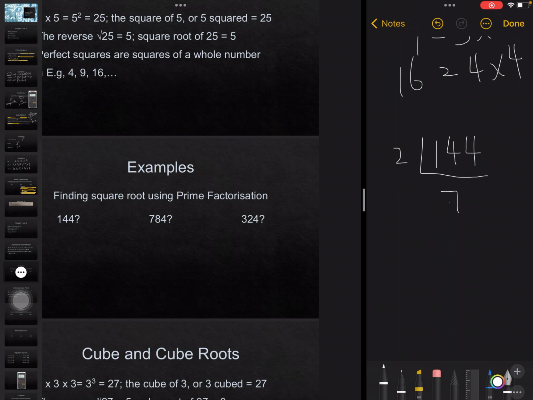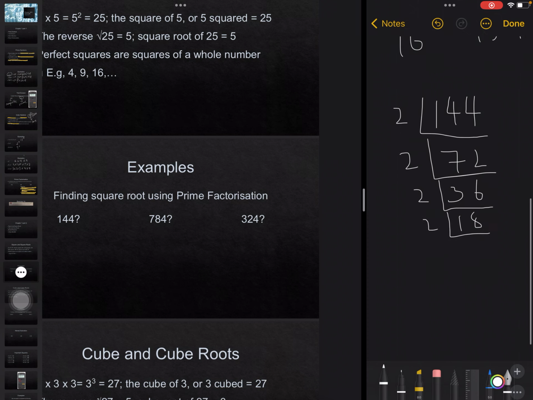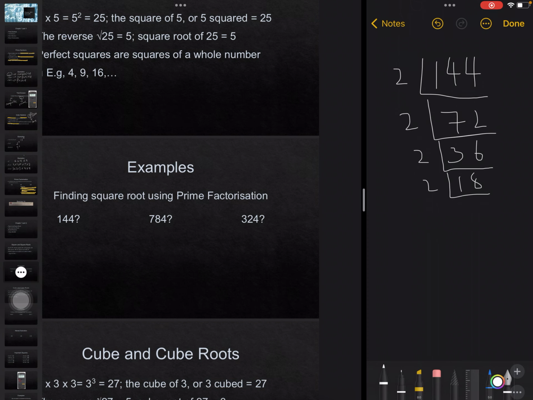So we have 72. We can divide by 2 again, so we have 36. Correct. Divide by 2 again, I have 18. Divide by 2 again, we will have 9. Then we divide by 3, we have 3 left, and then 3 and 1.